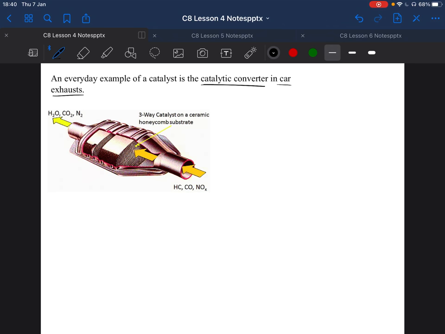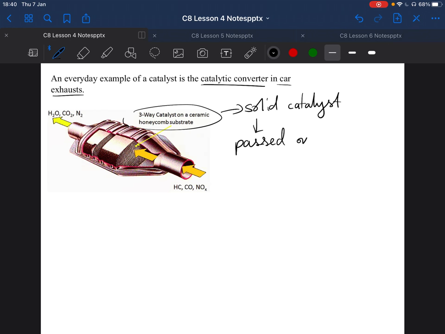So if we look here, what we've got is a solid catalyst. And what happens is our catalyst has gases passed over it. Okay, so your car burns its fuel. The gases that come out of your car engine are down here.